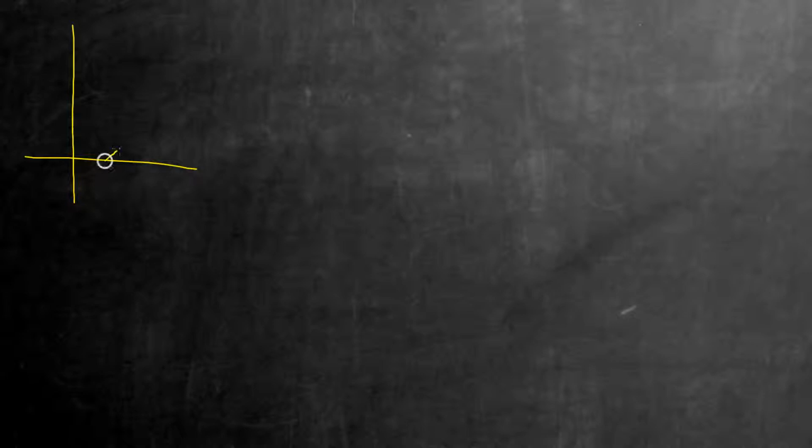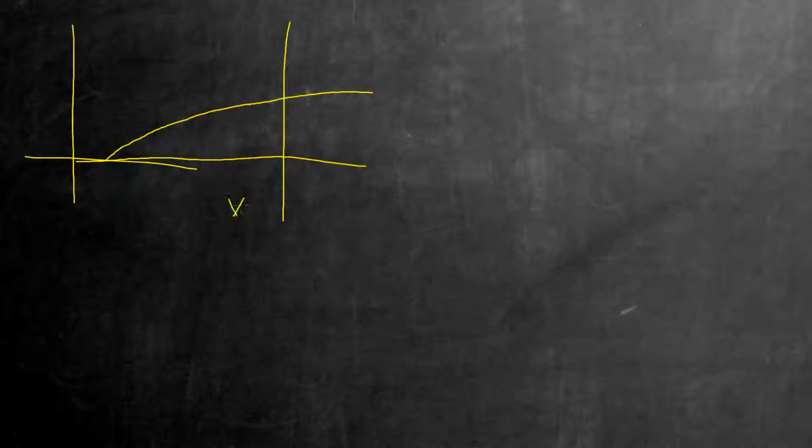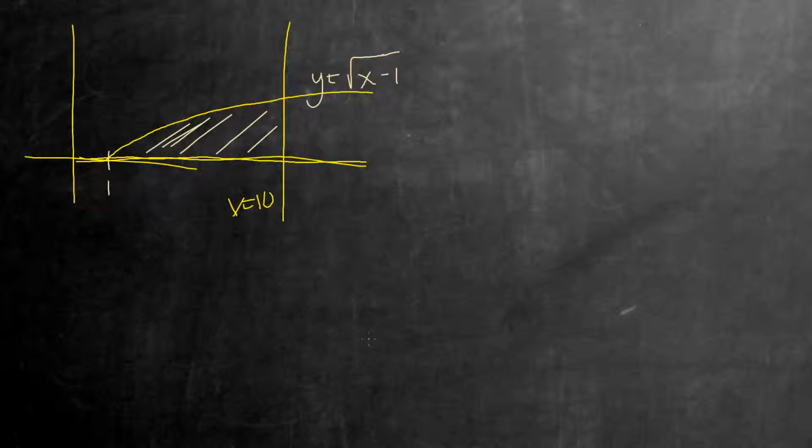That would be shifted right 1. The vertical line x equals 10. And the x-axis. So we're looking at this here. All right. Find the area of R.